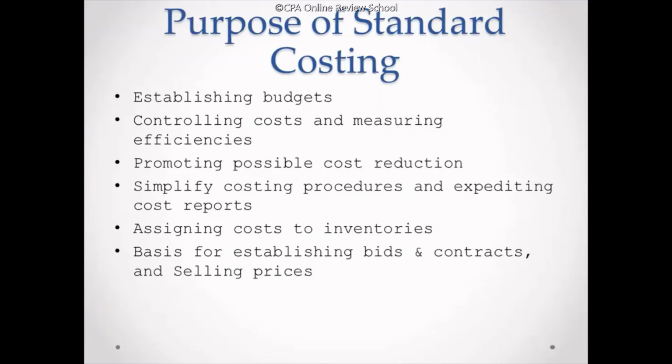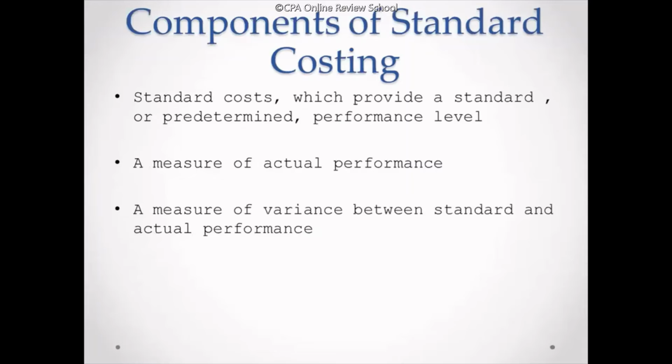To control cost, to promote cost reduction, and of course, your effectivity and efficiency in the company, to simplify costing procedures, to assign cost to inventories, and as one of your basis for establishing bids, contracts, and your selling prices. So, lahat ng ginagawa mo sa company mo is to compare actual versus something, yung something na yun yung tinatawag mong standards. That's your benchmarks or your norms.